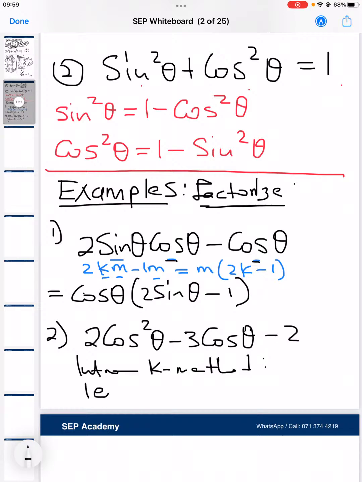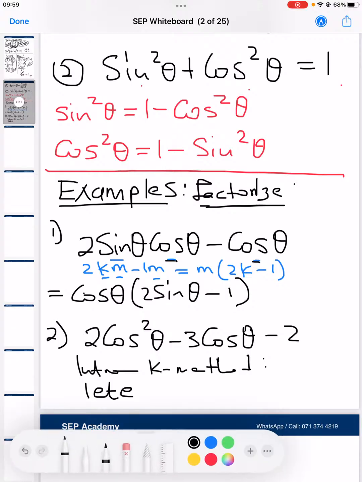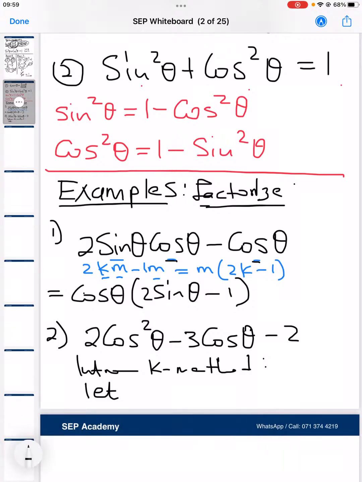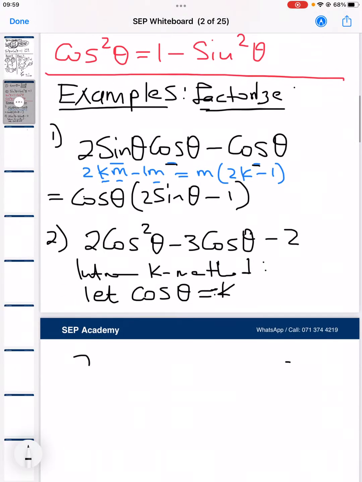So that means you will say let, where we see cos of an angle, we will let that be equal to k. So it means we are having 2k squared minus 3k minus 2. That's what you are having.